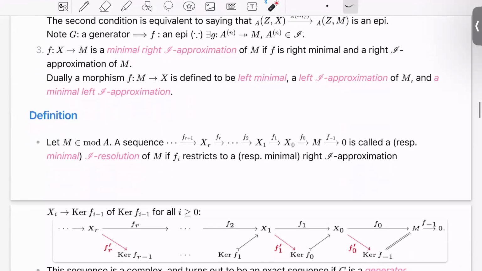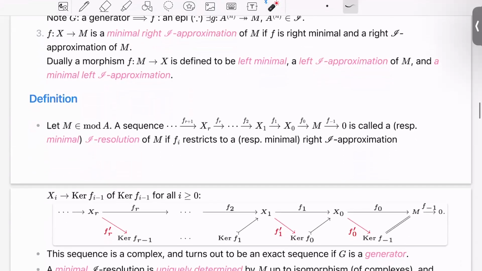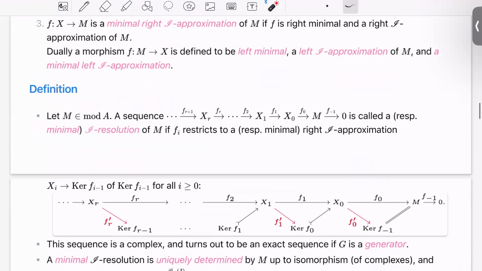So now this is the definition of the I-resolution. First, one step is defined. Since we have an epimorphism from a projective to any module, we can form a projective resolution in the same way.